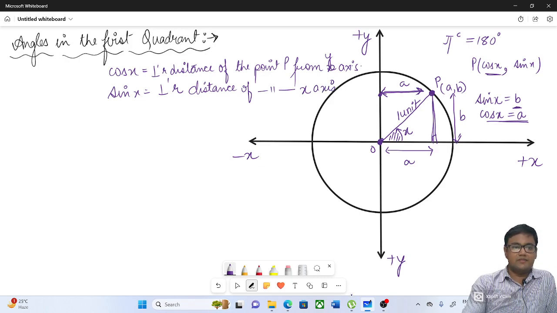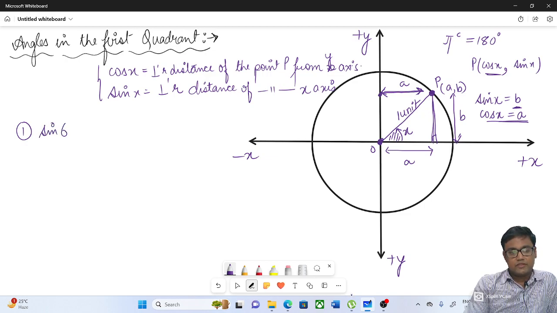Always remember these definitions. What is cos x and what is sin x? For solving the problems related to the degree measure or the angle measure in radians whenever you are using trigonometry and the unit circle. So, now see, let us take an example, sine 60 degrees.